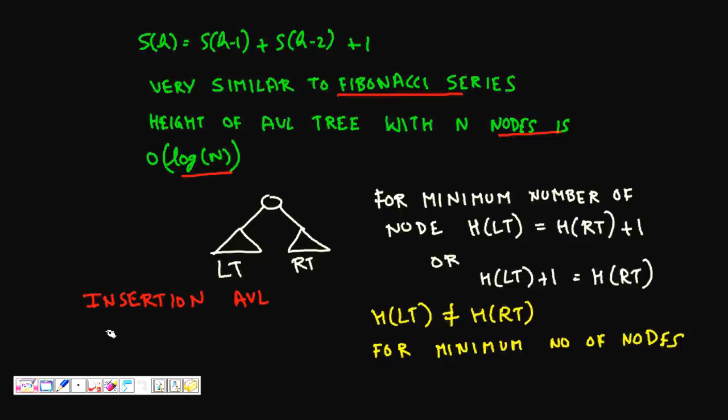So how will we balance the tree again? We will look at rotations. We have single rotation and double rotation. These are very interesting things, which you will see in the following lecture.